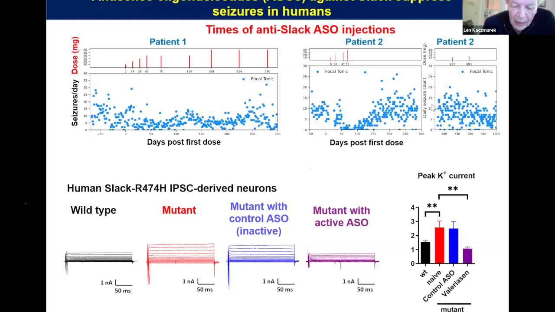That is still ongoing, I understand, for one of the patients. We're also able to show that in the human-derived iPS neurons, they also have a gain of function, and that could be reversed with the antisense oligonucleotides. They also reverse the sodium currents in those neurons. So this is obviously still ongoing, something we're all very interested in regarding these gene therapies.